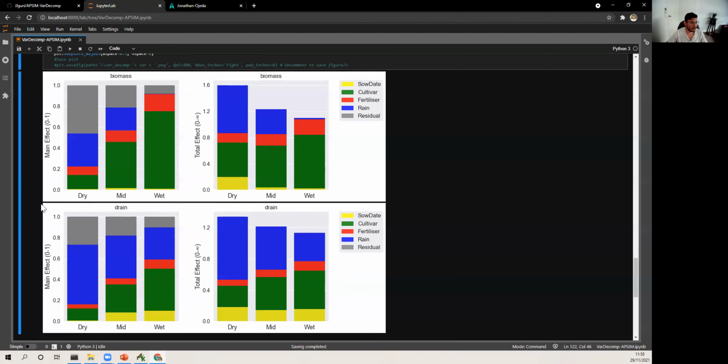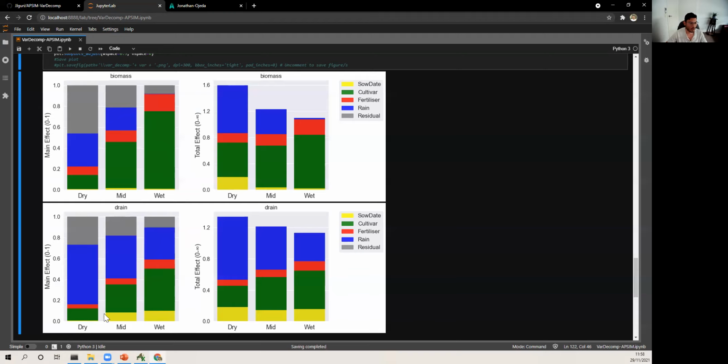Okay, so then, for example, we can talk about drain, and we can do the same analysis, and we can see here that for the main effect, the contribution of the rainfall decreased in a lesser weight than if we compare with biomass. So which means that under wet environments, the rainfall even is producing a contribution on the variance for drain, however, not for biomass.